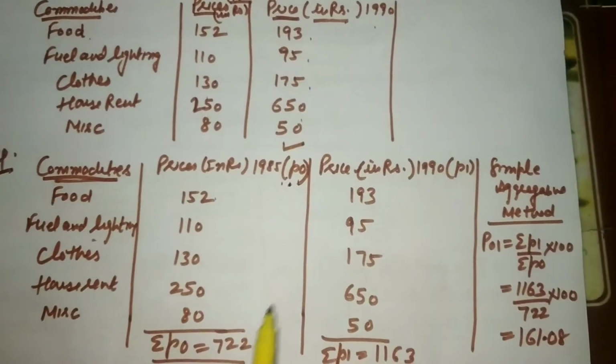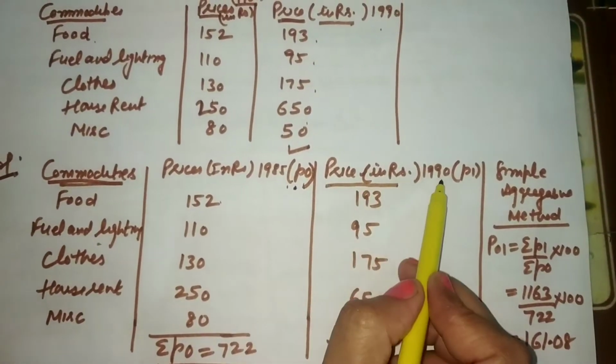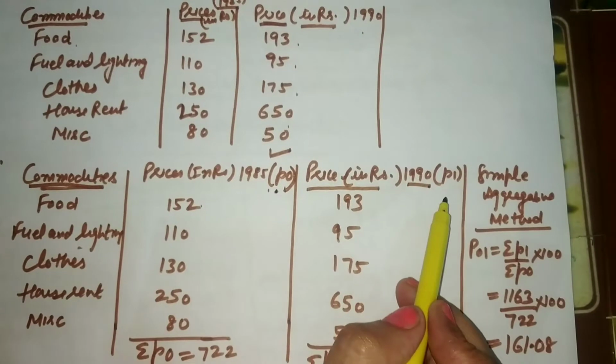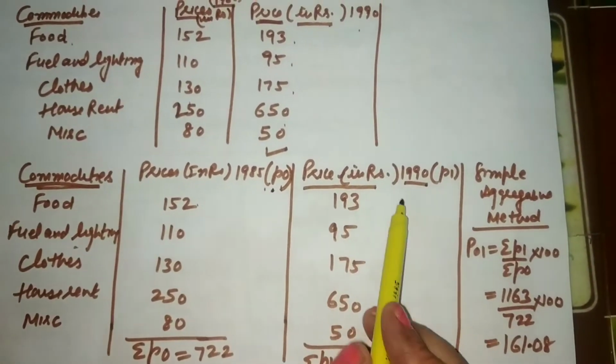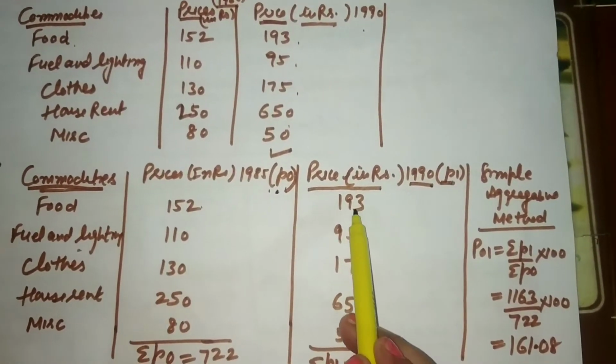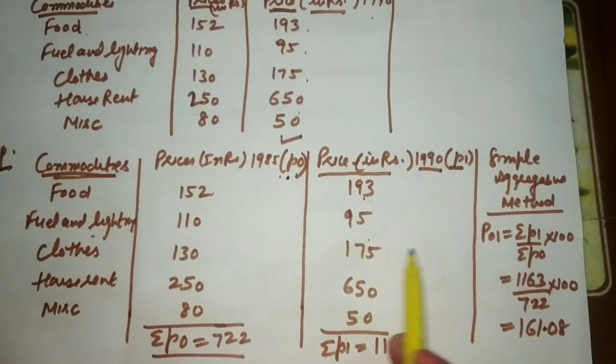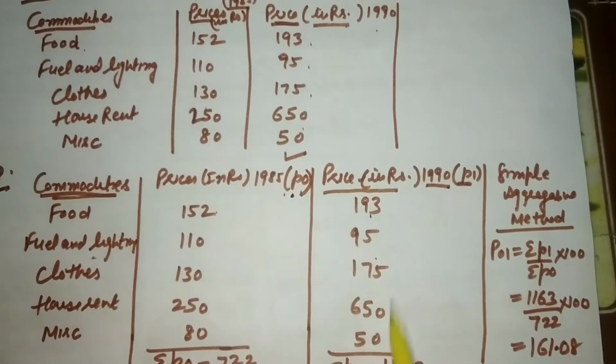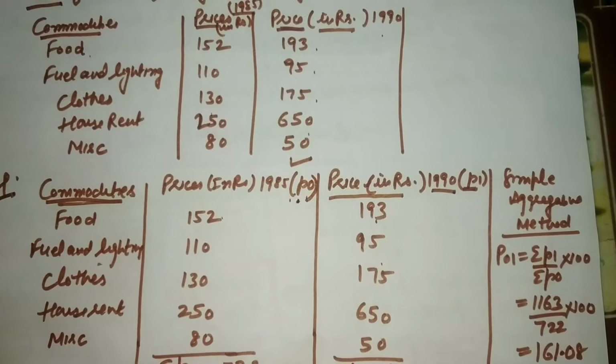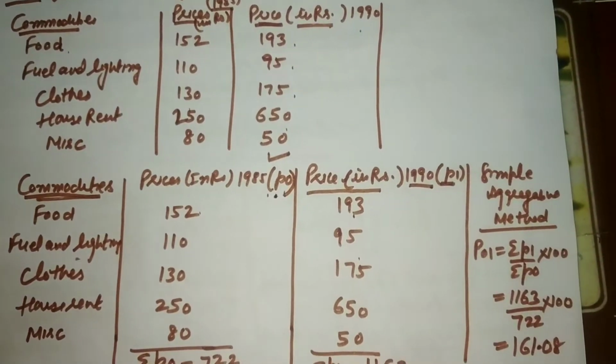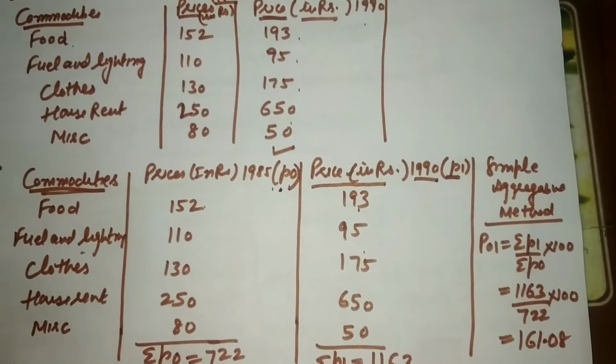Now the price in rupees for 1990, we can take as the current year, so it is taken as P1: 193, 95, 175, 650, 50. We have added all the terms of P1 and sigma P1 is equal to 1163.